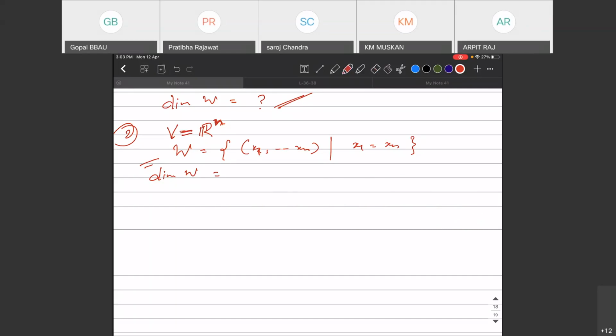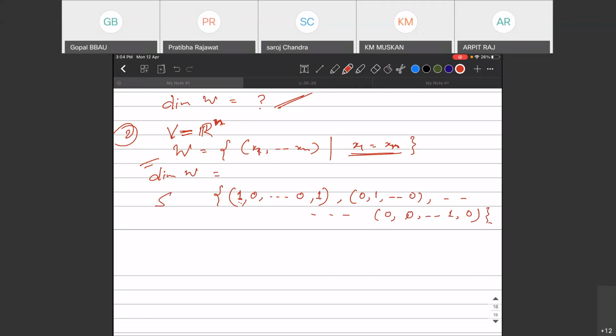Now, here we are given x1 equal to xn. So for a basis, if we know x1, then surely we know xn. For all other elements, we have choices. Say for the second, we have this, and the last one is 0, 0, 1, 0.